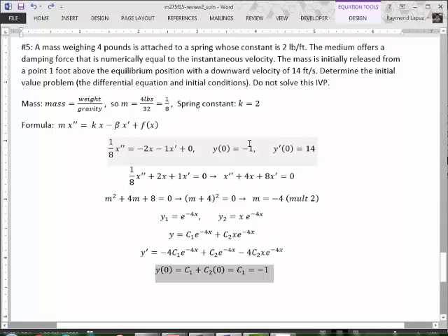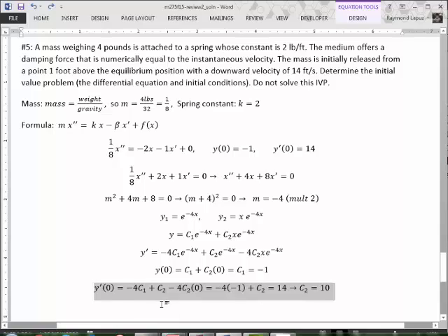Remember that our initial position is -1, so c1 is -1. And then putting 0 into the derivative, we get -4 times c1 plus c2 is equal to 14, and so that gives us c2 is equal to 10.